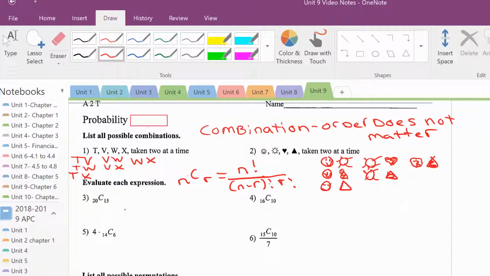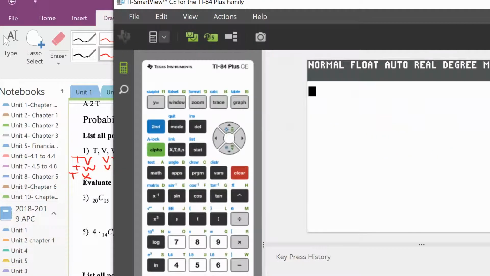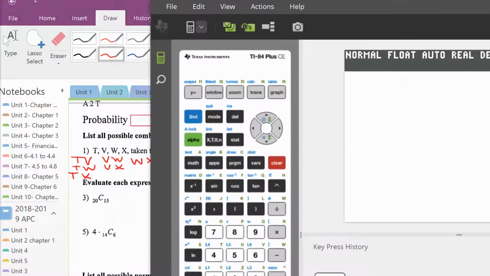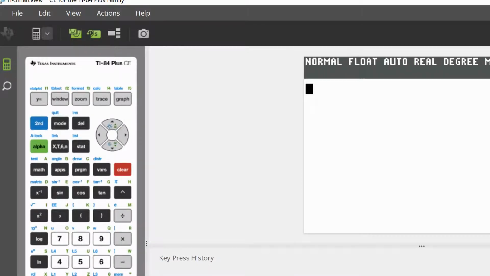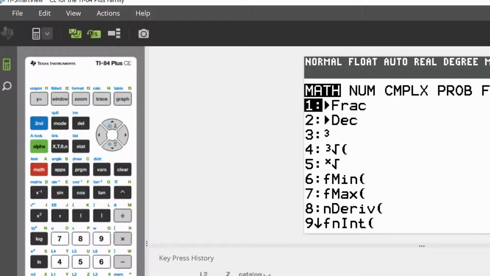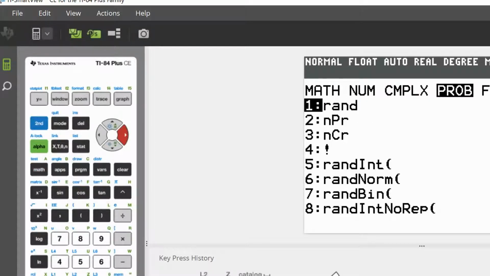So to do a combination on your calculator, you would just type it. First of all, you'd hit the first number. So you hit 20, and then you go to math, and then you go over here to probability, and then you see number 3 is nCr, that means combination.